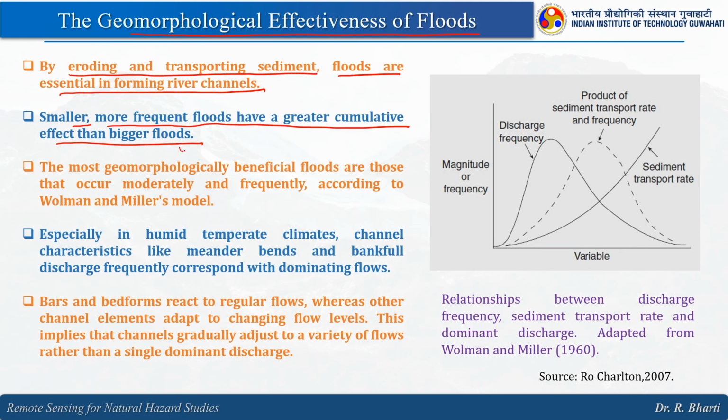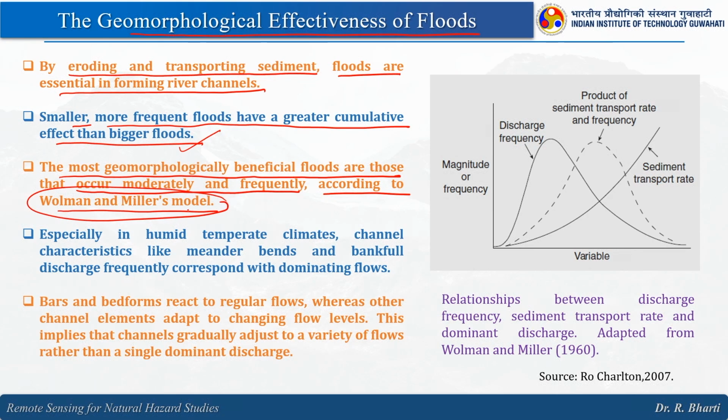So, they will have major impact than a bigger flood. The most geomorphologically beneficial floods are those that occur moderately and frequently according to Wolman and Miller's model, right. So, you can refer to this model. This is one of the very popular model, especially in humid temperate climate.